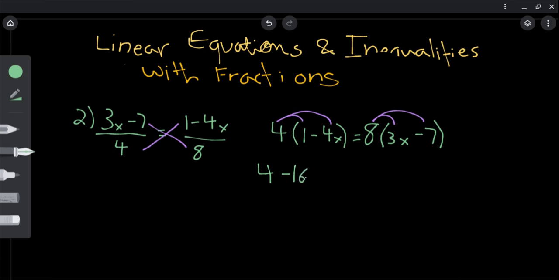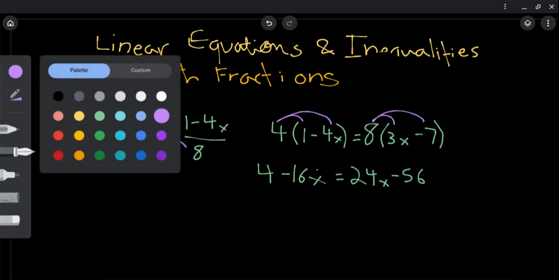Negative 16x equals 8 times 3x is 24x. And 8 times negative 7 is negative 56. Now we've gotten rid of the brackets, so it's no longer a fraction, it's no longer in brackets. What are we going to do next? We're going to collect like terms.